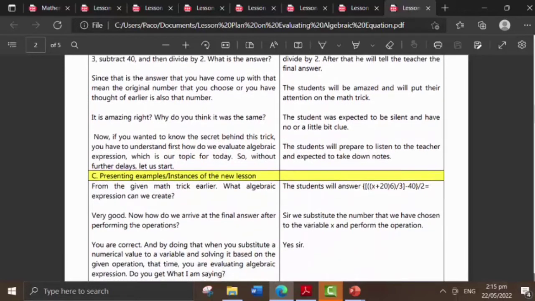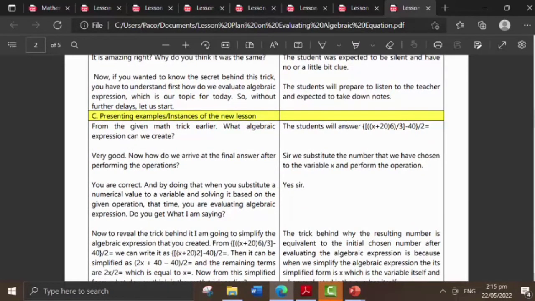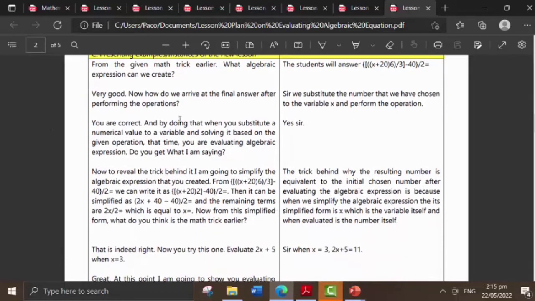In part C, we have presenting examples and instances for the new lesson. In this part, you can now start your discussion, or if it is an interactive type of lesson, you can post your activities, questions, and other interactive discussion between the teacher and the student.